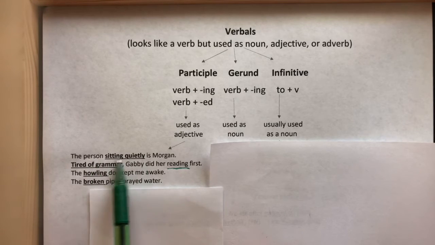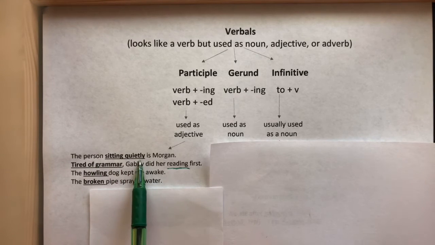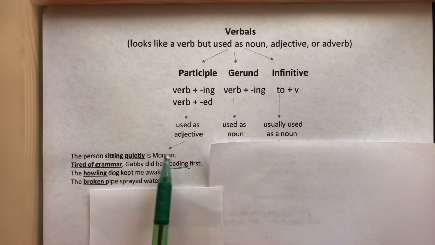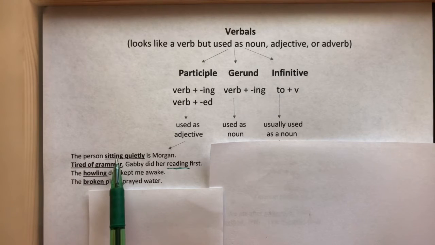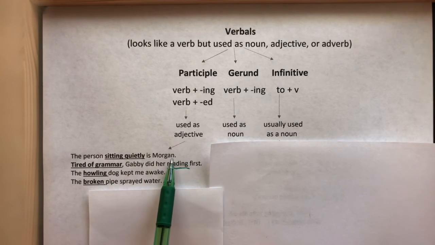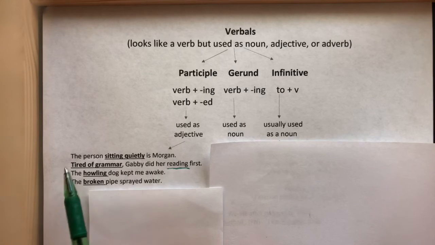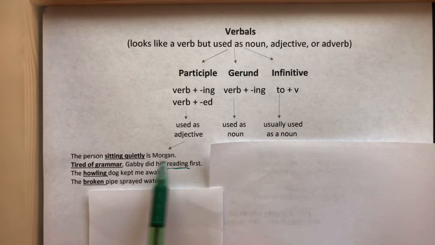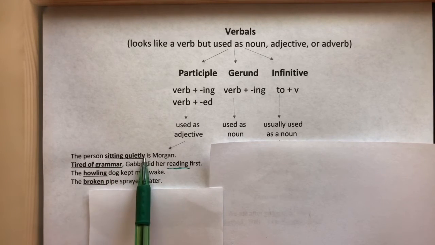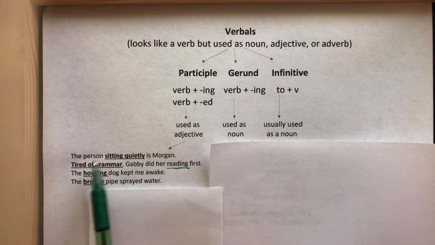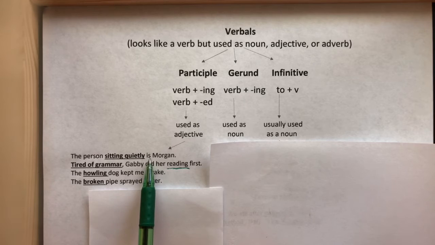I have to put that sitting quietly in order for it to make sense. So now think of that also if I had the person sitting quietly is sleepy. That would be an even better example. The person sitting quietly is sleepy. I wouldn't know who the person is sleepy. I wouldn't know who that person was without sitting quietly. Functionally in the sentence, we have to have sitting quietly. We're not going to put commas. We're not going to have handles to take it out.